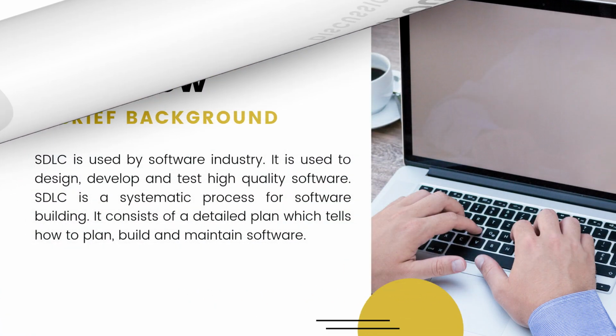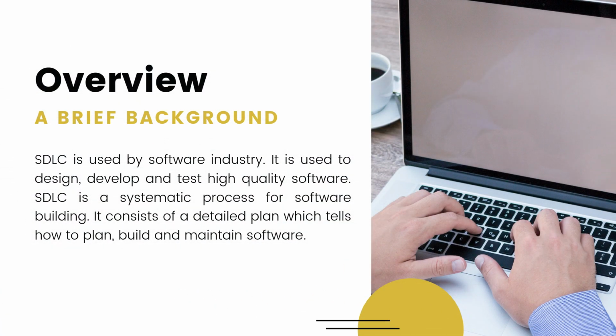Let's start with the overview of SDLC, Software Development Lifecycle, which is also known as SDLC. Sometimes it is also referred to as System Development Lifecycle, which is a process used by the software industry. It is used to design, develop and test high quality software which meets or exceeds the customer expectations.